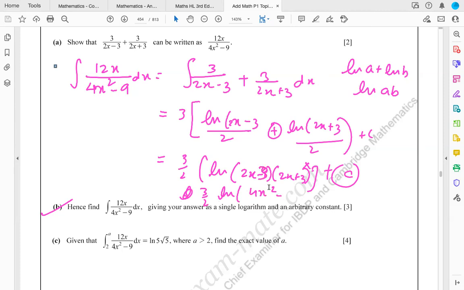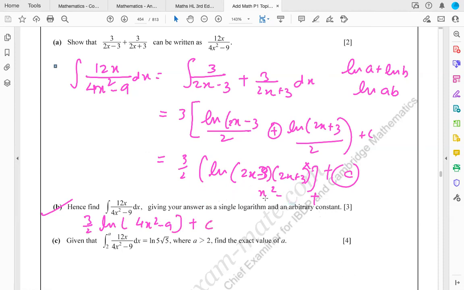This is 2x minus 3 times 2x plus 3, so it becomes 4x squared minus 9 using the a minus b, a plus b formula, plus c. So now I'll write the integral as 3 over 2 ln 4x squared minus 9, plus c.